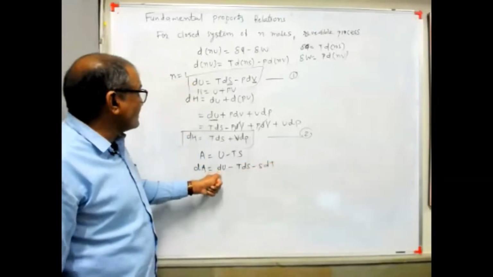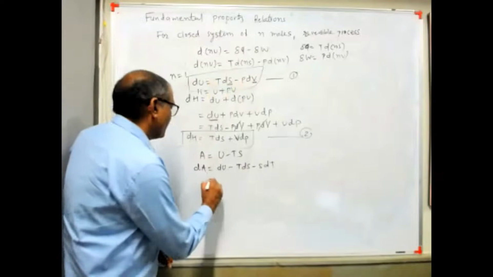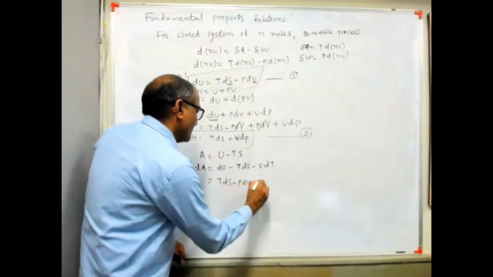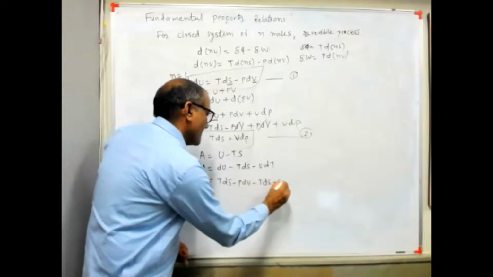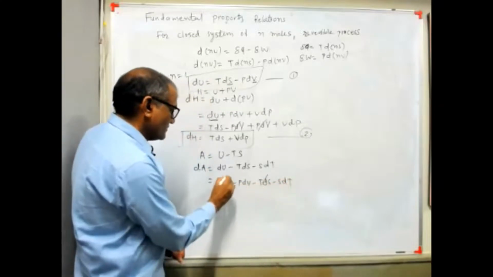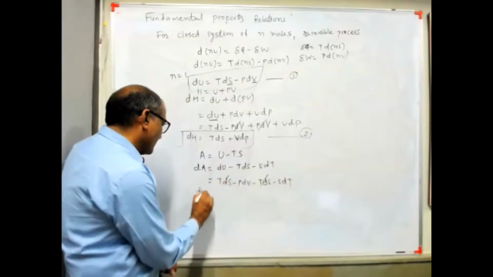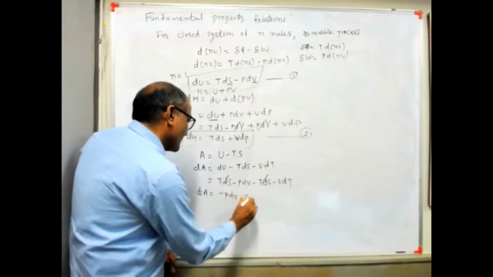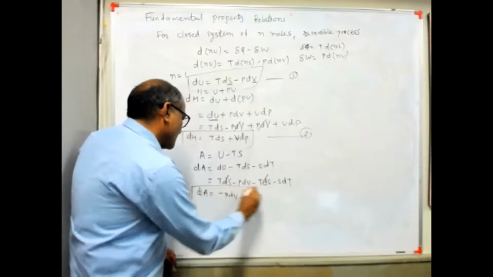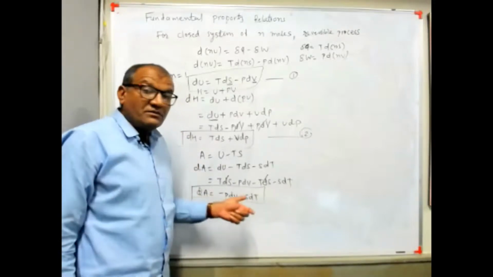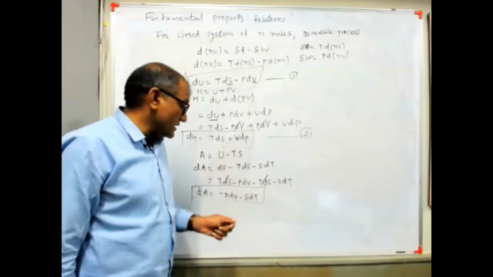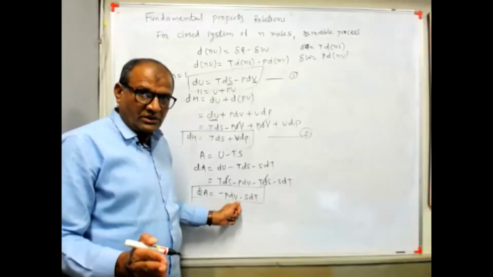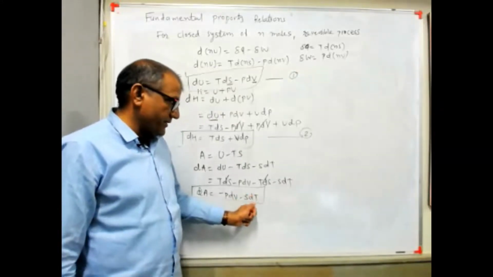Now I can replace this dU by equation 1. It would be T dS minus P dV minus T dS minus S dT. These two terms will cancel and the ultimate equation would be minus P dV minus S dT. This is the third fundamental property relation. Helmholtz free energy is a function of two canonical variables, V and T.